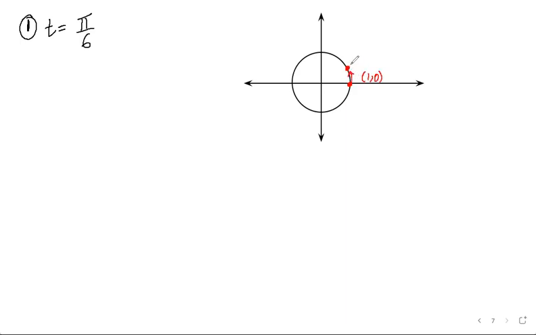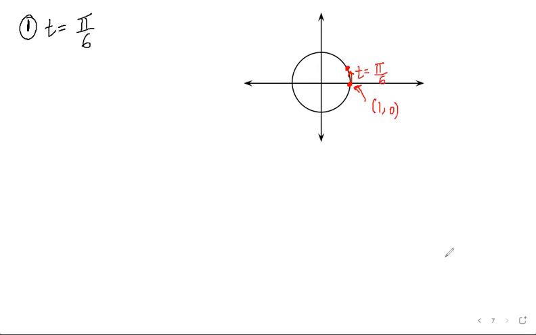This point is the t here. This point here is (1, 0). And the distance here is t equals pi over 6.